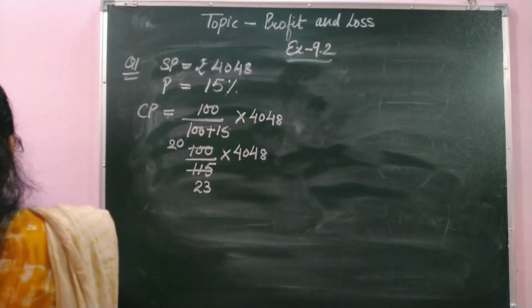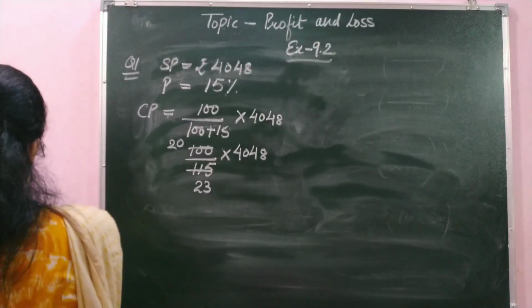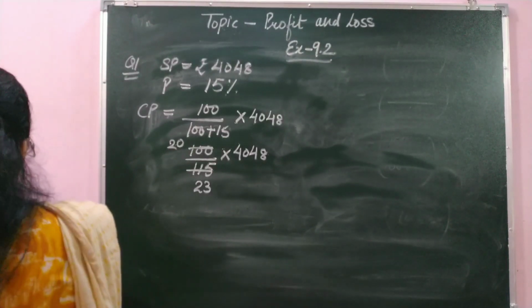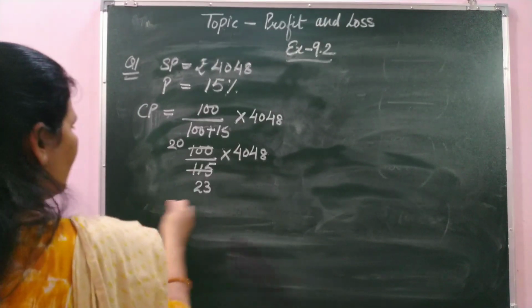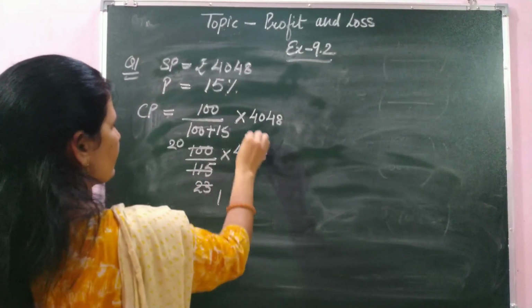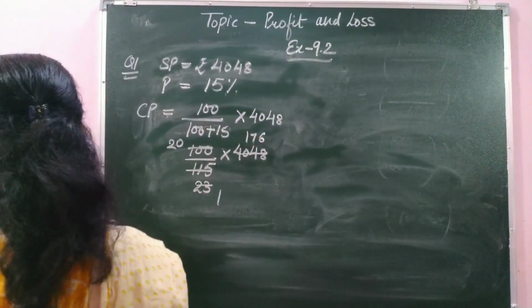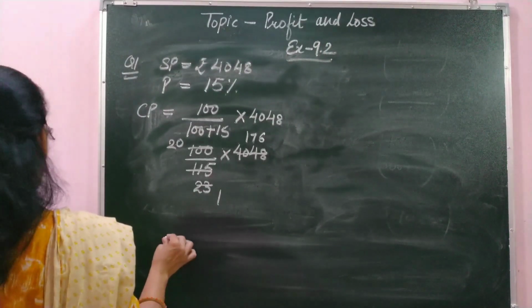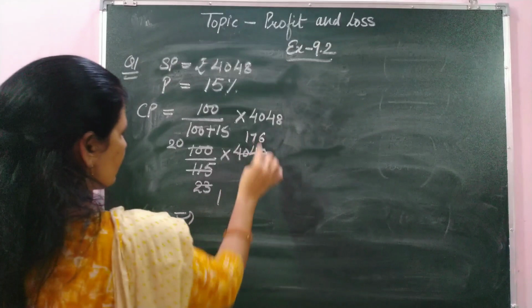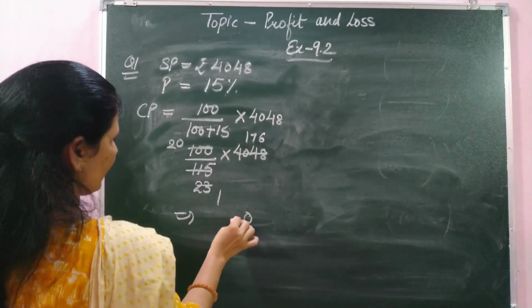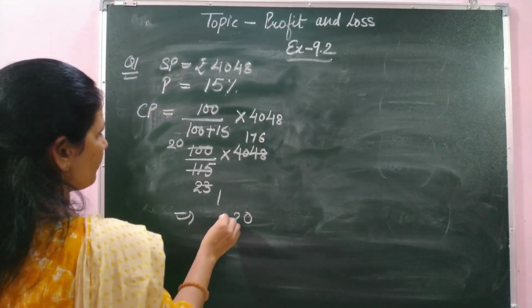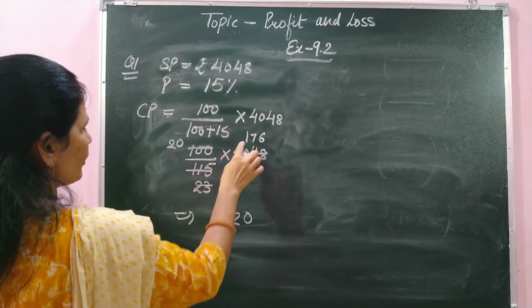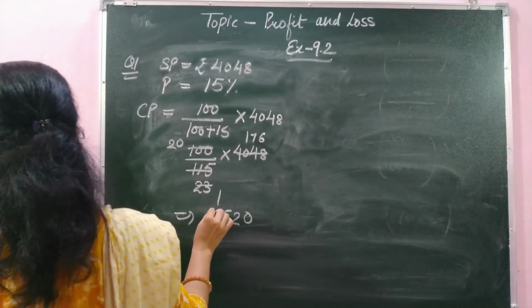When we divide this by 23, we clearly get 176. It divides completely, giving 176, and 176 multiplied by 20 gives the price.